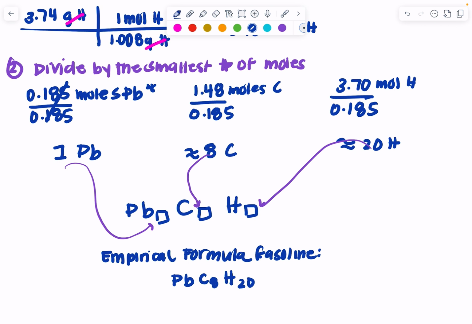Let's do another example, but this time, let's give percent instead of grams, because it's one extra step.